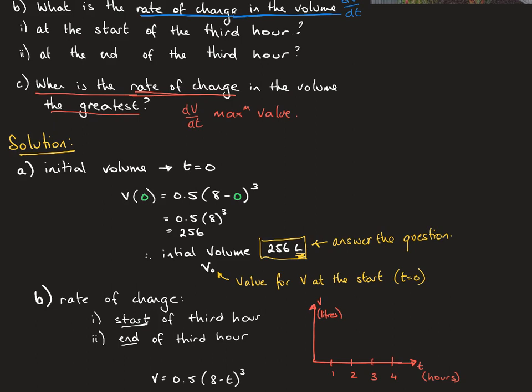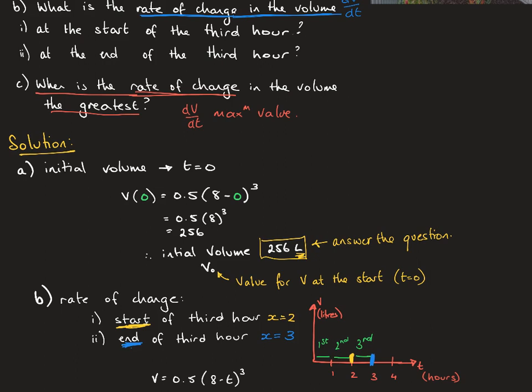So they are counting the time periods, but when you label first, second and third, this is the first hour, this is the second hour, and this is the third hour. So at the start of the third hour, you're actually talking about this X value. At the start of the third hour, X is equal to 2. And at the end of the third hour, X is equal to 3.